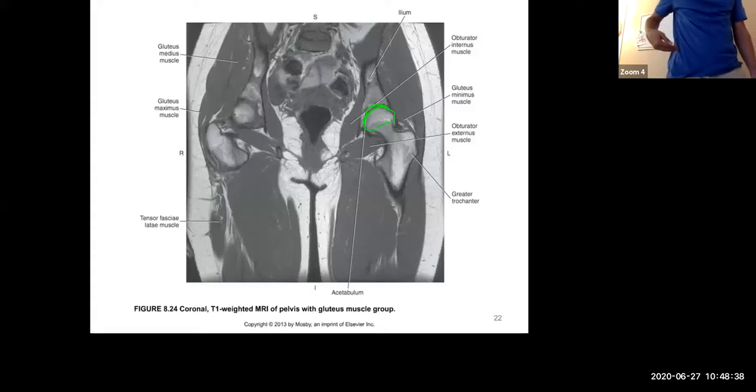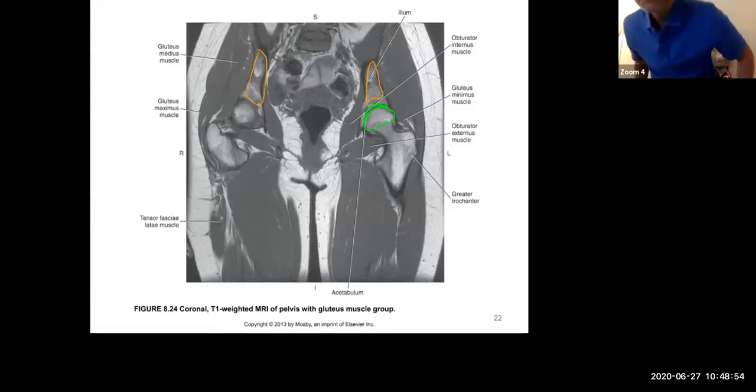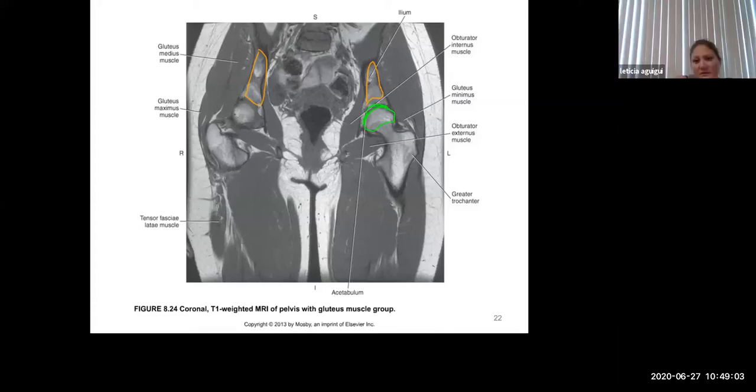which bone is that one? The ilium, correct? So this is your ilium on the right and also your ilium on the left. Now, which muscles are outside my ilium over here? The gluteus muscles.